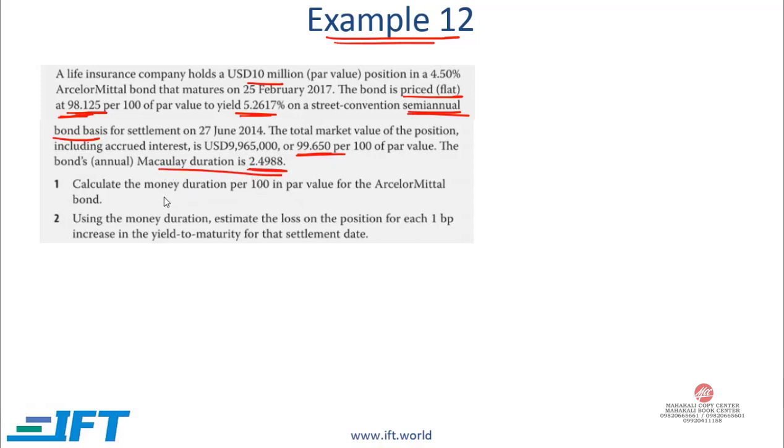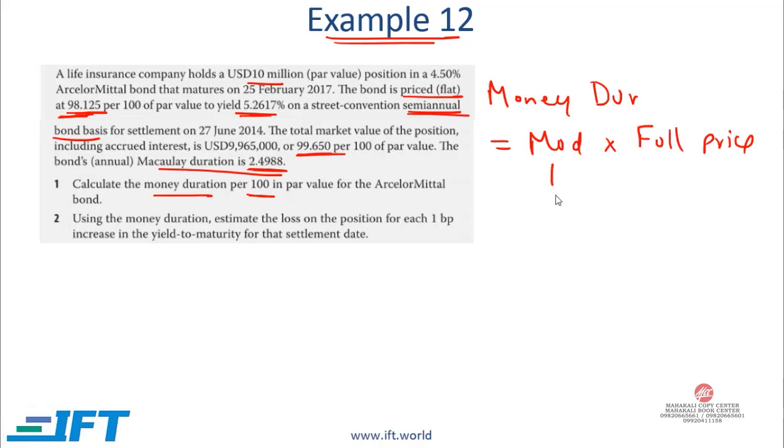The question now is to calculate the money duration per 100 in par value. If you recall from the previous slide, the money duration is equal to the modified duration into the full price. What is the modified duration? We can calculate this using Macaulay duration, and that is 2.4988 divided by 1 plus R. And R is half of this number because we have a semi-annual bond. What is half of this number?